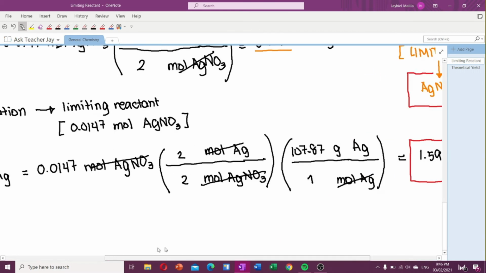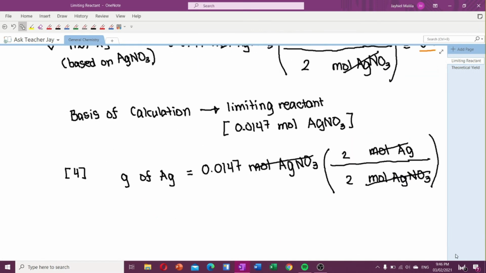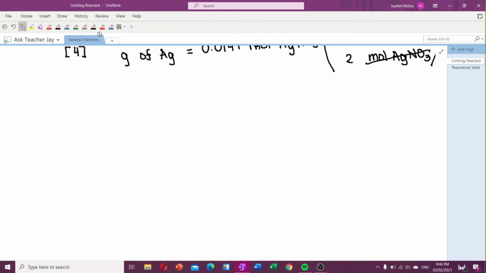The next item that we're going to solve is the grams of zinc nitrate that is formed.